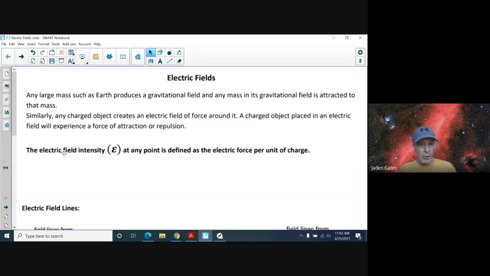The electric field is what we call the electric field intensity, and it's this weird looking little E letter, a Greek letter that is epsilon, I believe. Just like gravitational field strength, the electric field intensity at any point is defined as the electric force per unit of charge.